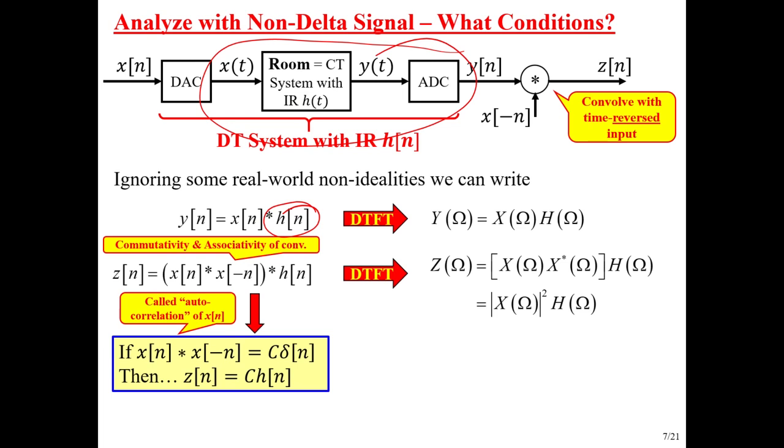So if this ends up being a delta function convolved with h of n, well, a delta function convolved with anything gives back that thing. Well, there's the c out in front. So that means the thing coming out of here will be at least proportional to the impulse response of this effective system. That's only if this is true. So that tells us how to pick. We need to pick some signal such that when we convolve it with its time reversed version, we get a delta function.